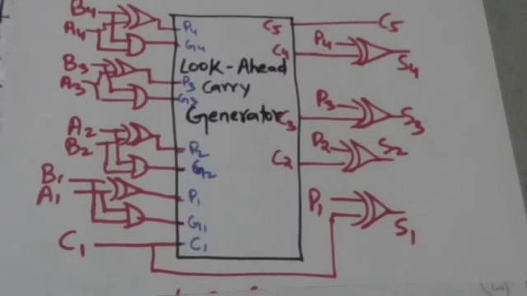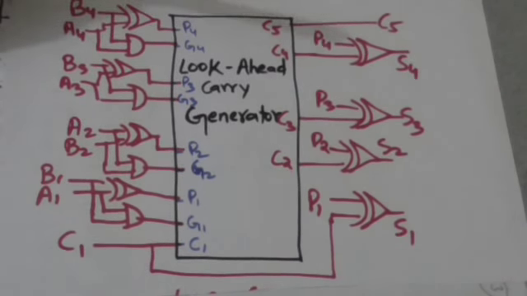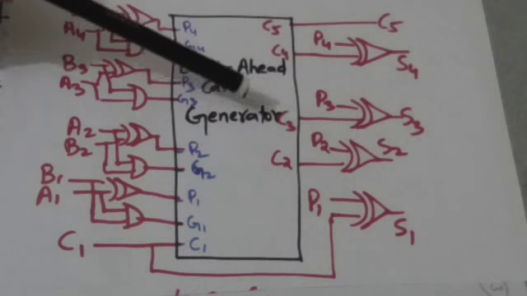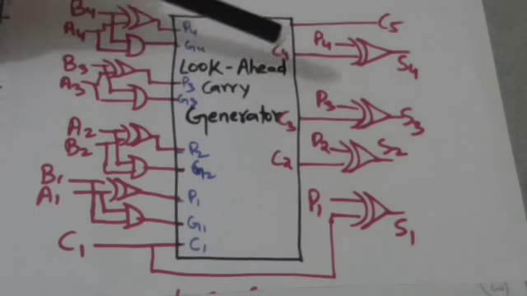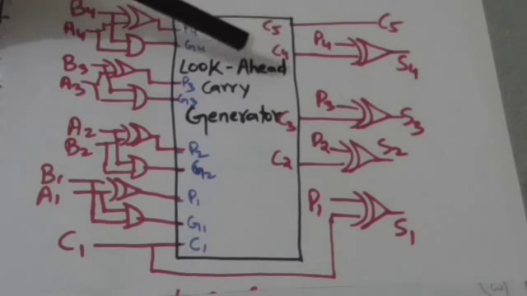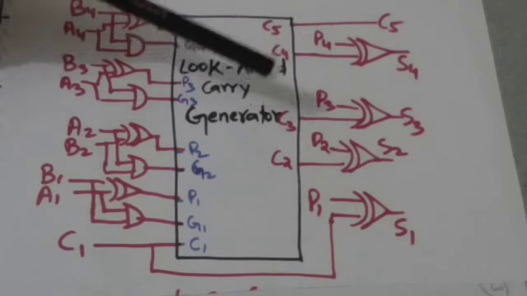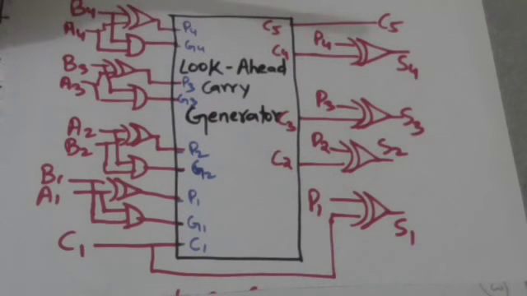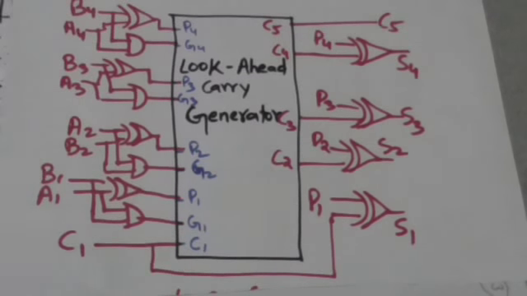Now the output variables of this look ahead carry generator are C2, C3, C4 and C5. Here C2, C3, C4 and C5 represent the carries, right?